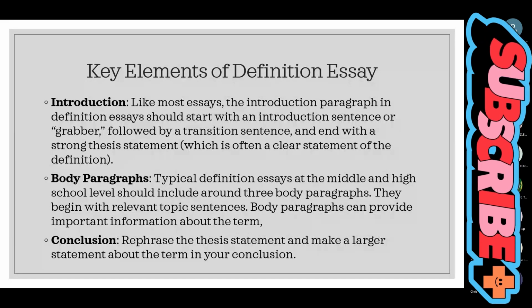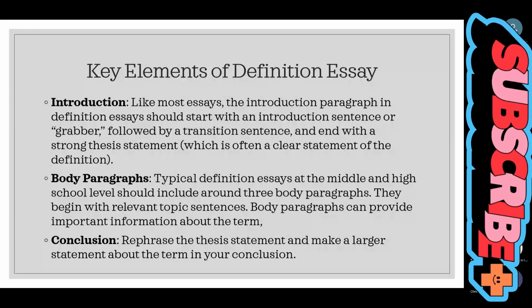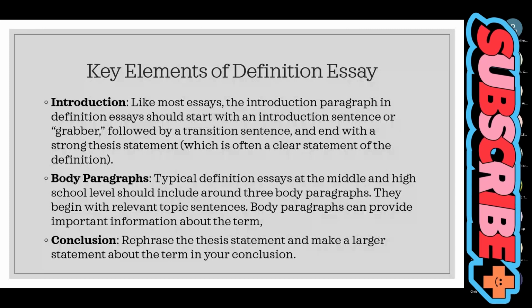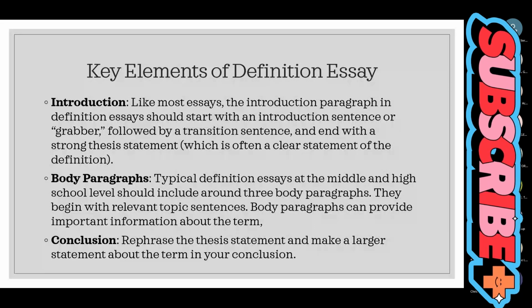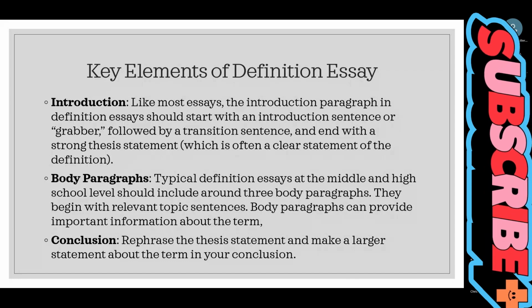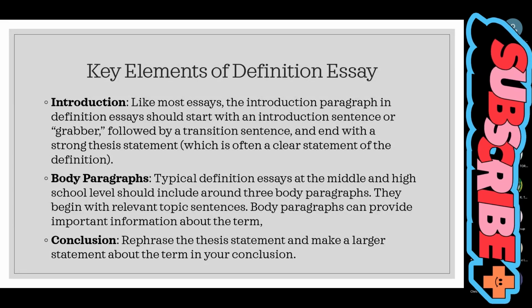All right, let me give you an example. This is just a very simple example, a simple paragraph. For example, you write, my father is an adventurer. That would serve as your topic sentence. That's the beginning of a paragraph. Now the succeeding sentences must support the topic sentence.